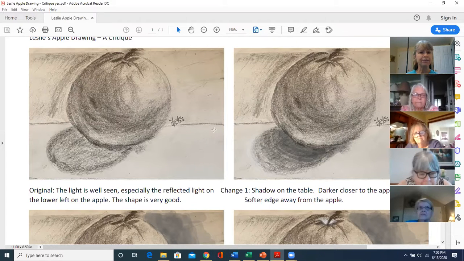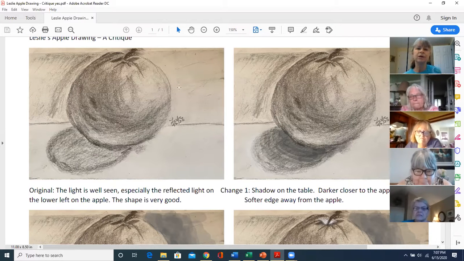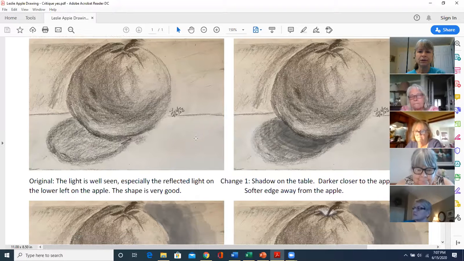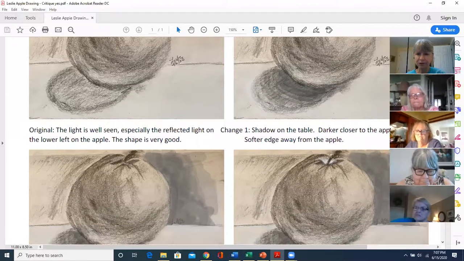This is the light that comes from the right, bounces on the table, and then hits the apple here on the left, at the bottom. So the apple was very well drawn, but then the shadow and just the little things, a little darkness on the wall would help, and then also where the stem goes.